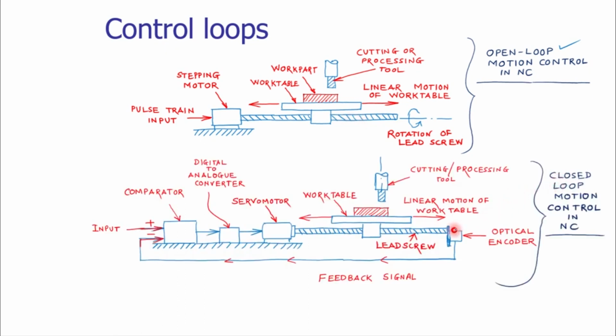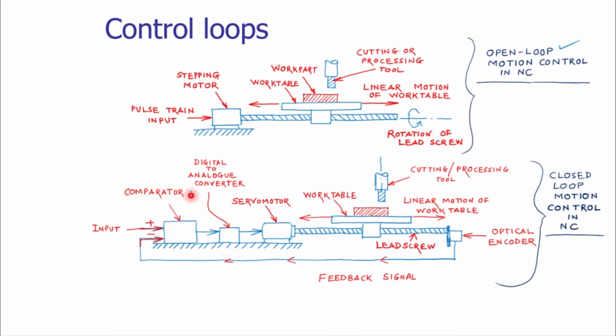To get the information about the destination, the performance of the movement, we are using optical encoders, and those optical encoders are monitoring the rotation of the lead screw, and they are giving that information to the comparator. The comparator has the input from the microprocessor.